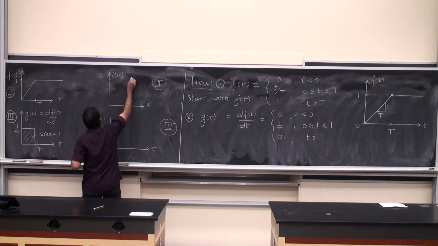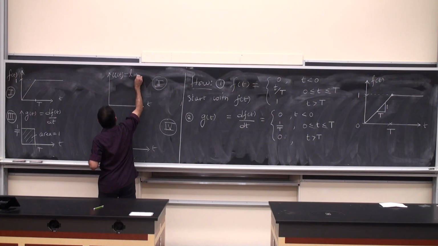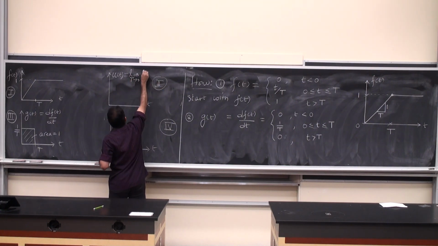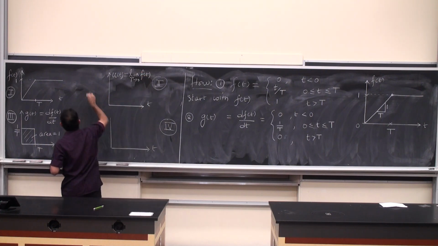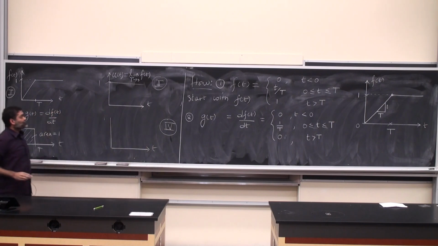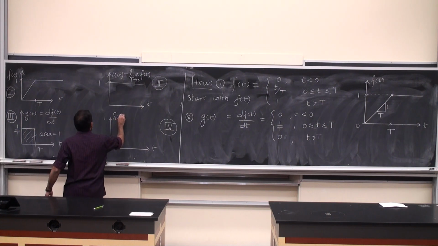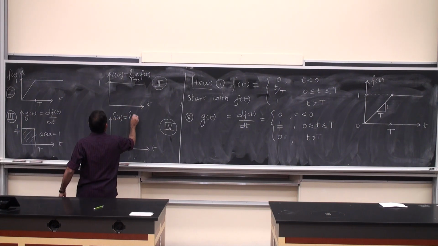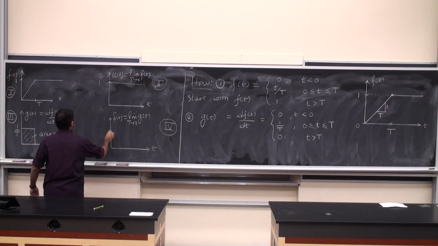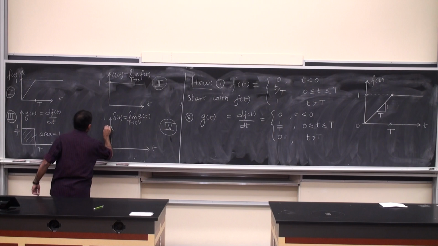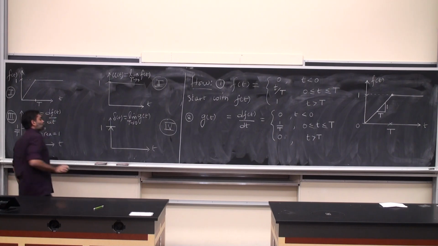This is the limit t tending to 0, f of t, is equal to 1. Fourth figure is the impulse. Delta of t is limit t tending to 0, g of t. This is equal to 1.